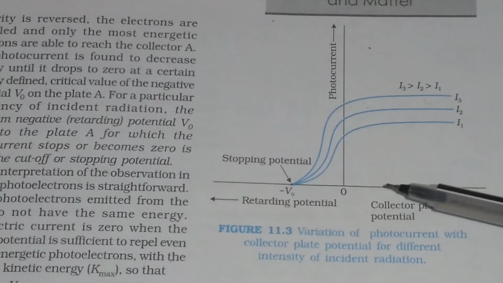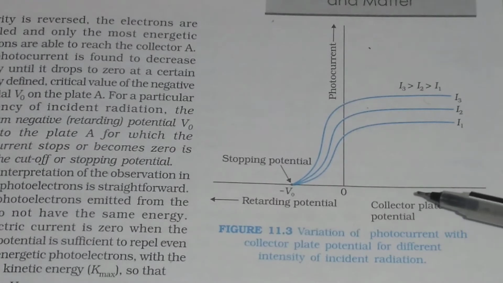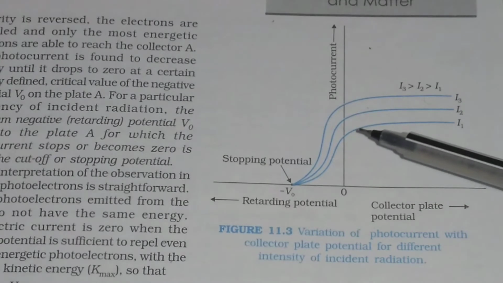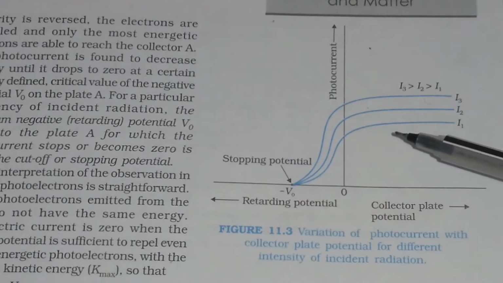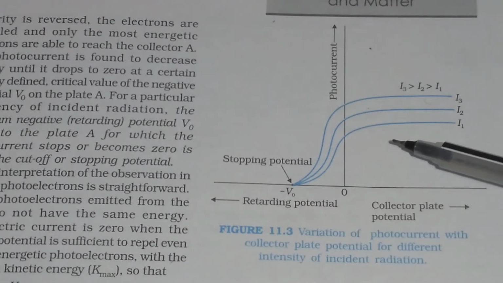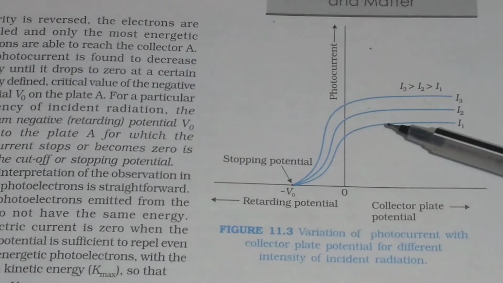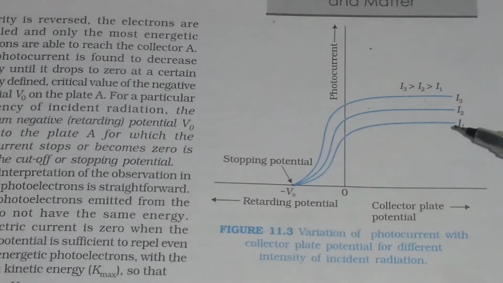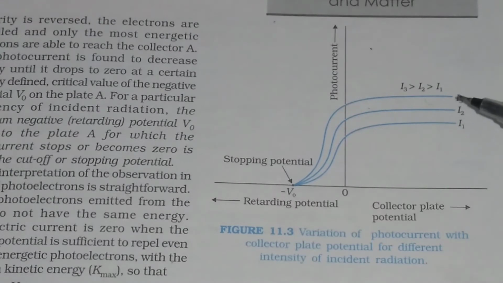If you increase the accelerating positive potential, then the photocurrent will increase, and the maximum value of photoelectric current is called the saturation current. I1 is the saturation current, I2 is also the saturation current, I3 is also the saturation current.